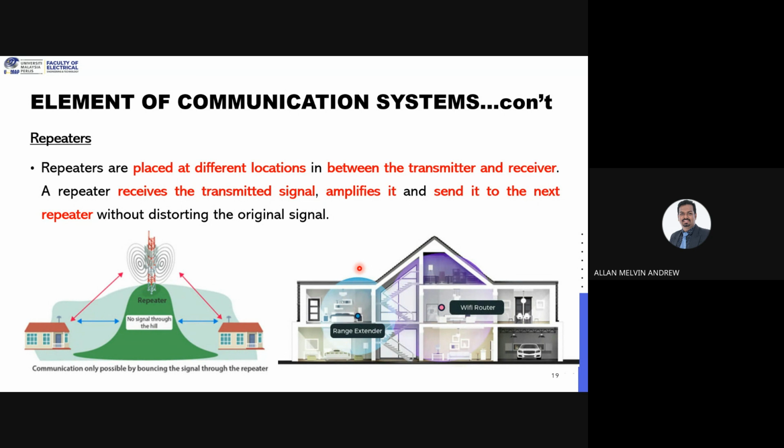With 5 GHz, it can send at the maximum speed but in a smaller area. So we have a lot of technologies that are improving in terms of us getting the maximum.